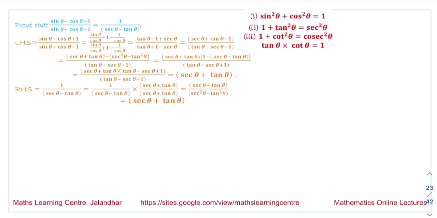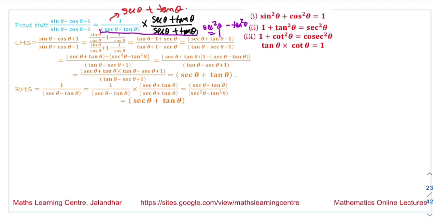So if we look at this term, if we multiply it with secant theta plus tan theta and divide it with secant theta plus tan theta, then this denominator part will become secant square theta minus tan square theta, and this value is equal to 1. So the right hand side is equal to secant theta plus tan theta.